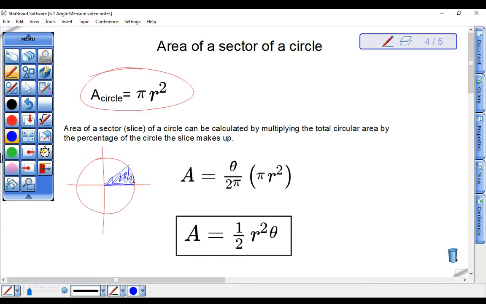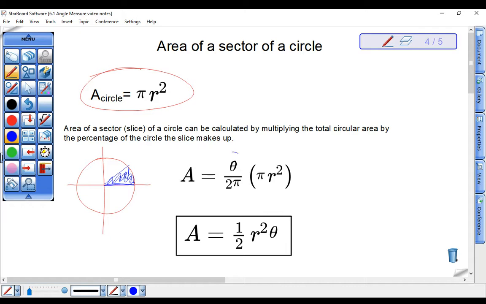Really, all we need to do is think about what percentage of this circle is this blue pizza slice, right? That percentage of the circle is the ratio of the number of radians out of a whole. Part out of a whole is your ratio. That's kind of how you get a percentage. So theta radians out of 2 pi.